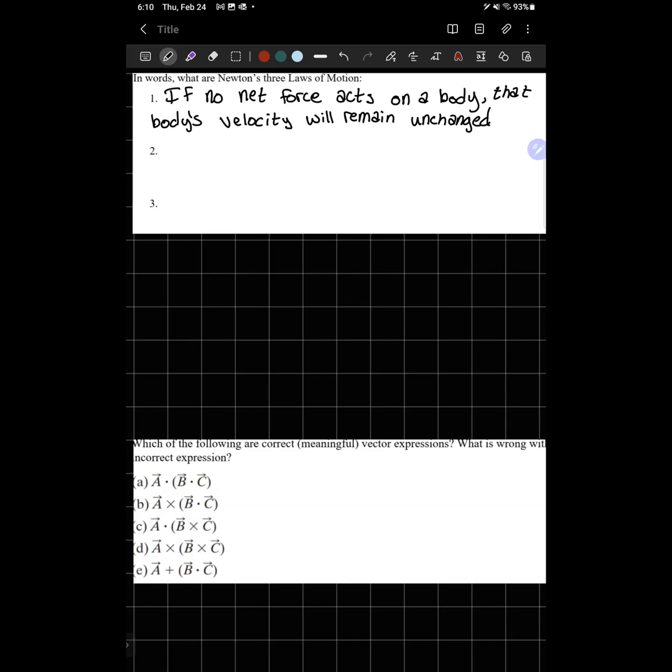That's force is equal to the product of a body's mass and its acceleration.